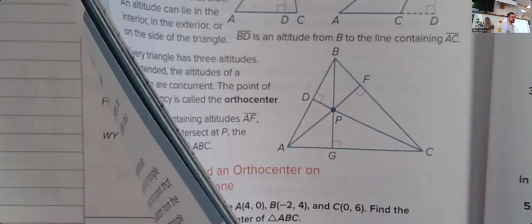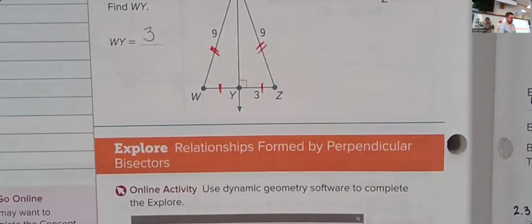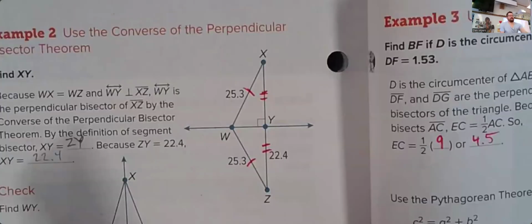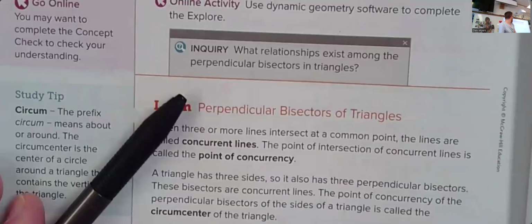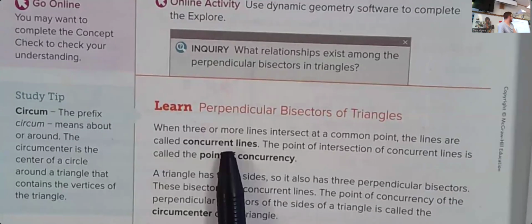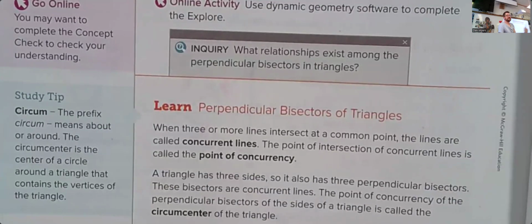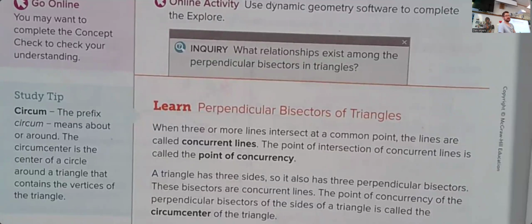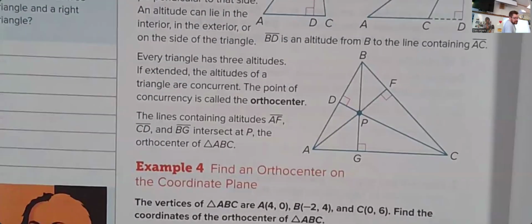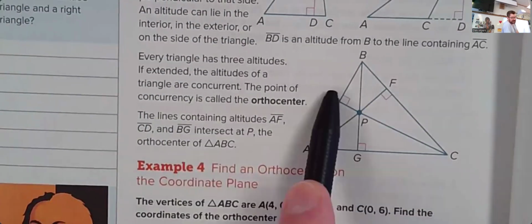Yeah, so if you go back to page 350, when three or more lines intersect at a common point, the lines are called concurrent lines. So basically, all 3 altitudes intersect at the same point, which means that the altitudes are concurrent. So the point of concurrency is where all 3 lines intersect at the same point.